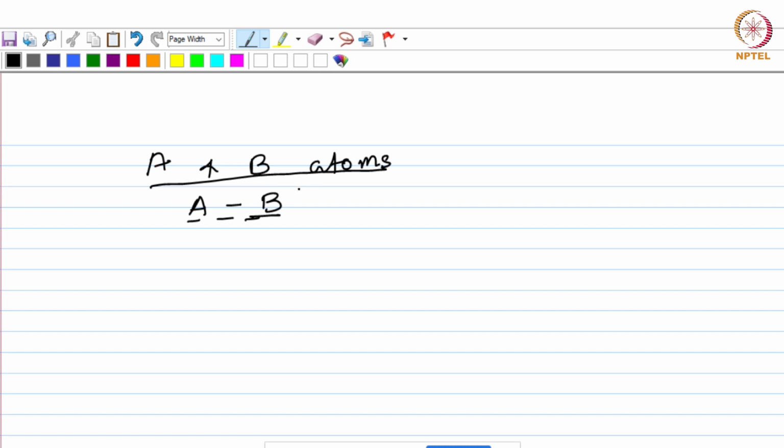And then similar atoms also may tend to have an arrangement in which there will be similar atoms around each of the atoms. Okay, so that will be like a BB kind of arrangement.